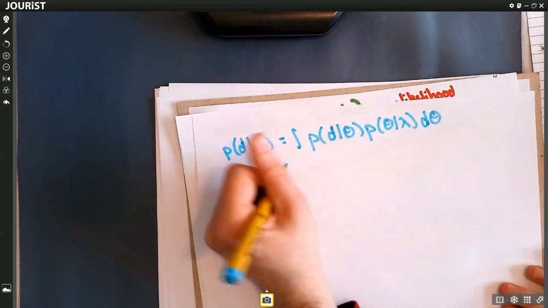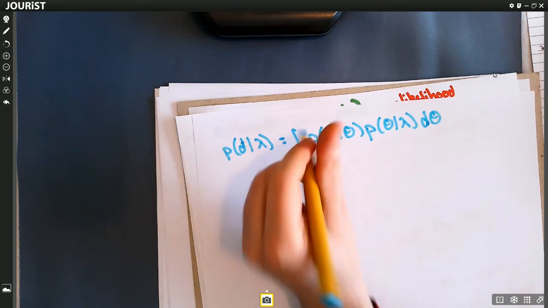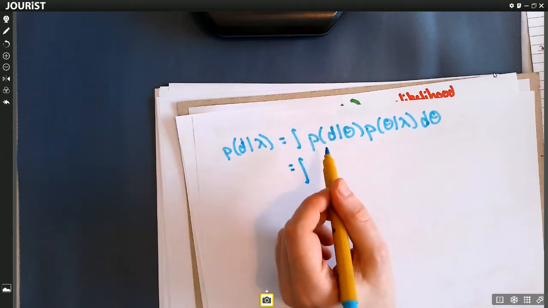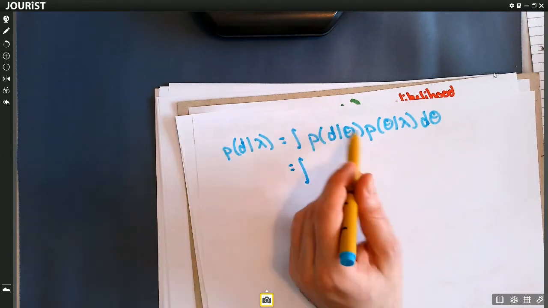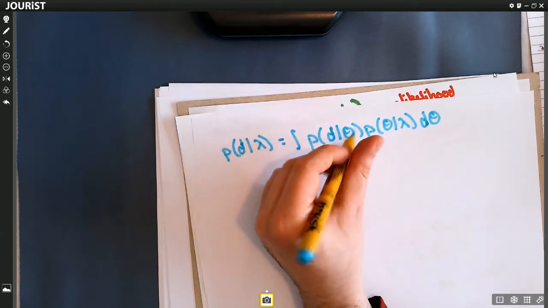What we can do now is use Bayes' theorem on this term here, the probability of d given theta.